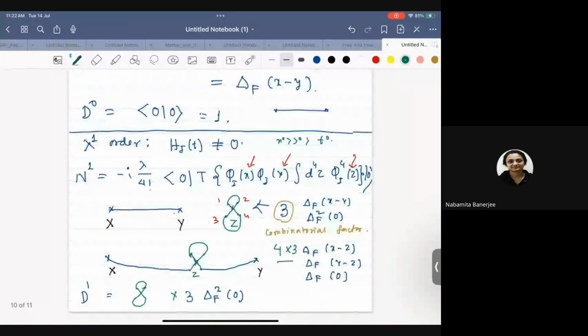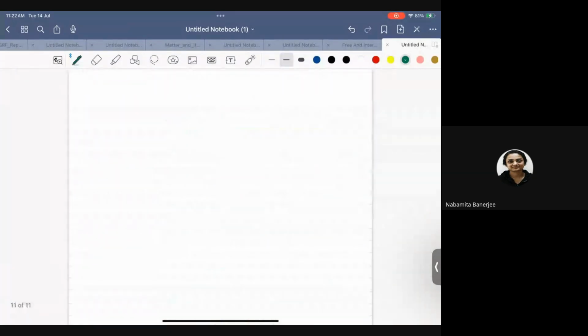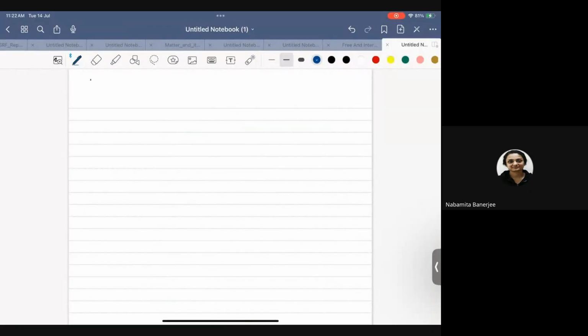Let's do more. Let's go to lambda square order. Okay. N2 is now minus i lambda by factorial 4, whole square. Remember, recall it was coming from an exponential. So the second term is 1 over factorial 2.